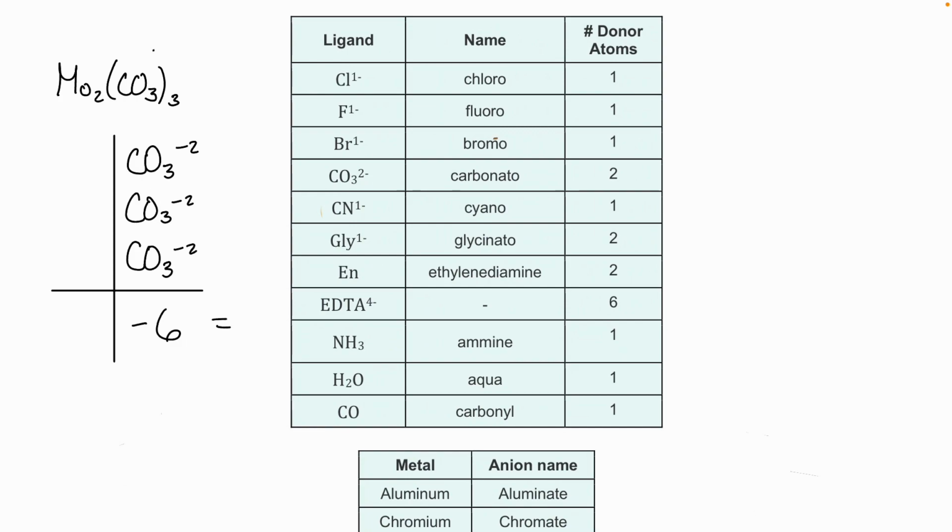Everything's going to sum to 0 because that's the net charge on that compound. So my total amount of positive charge is +6. In this case, I have 2 of these molybdenum ions, Mo. So if they add up to +6, what's the oxidation number on each of them? +3.